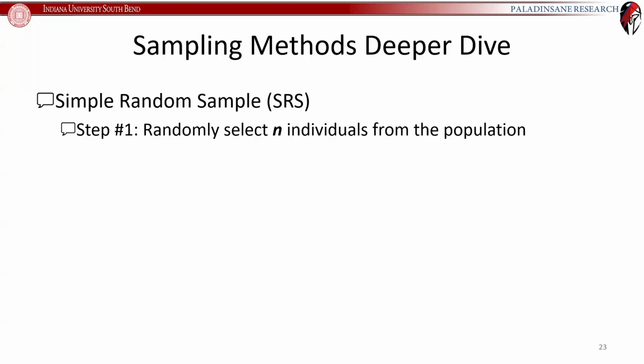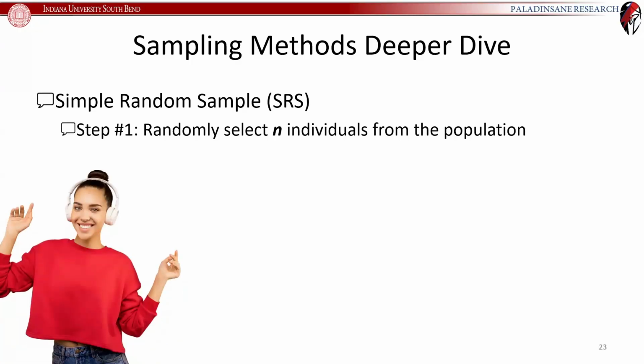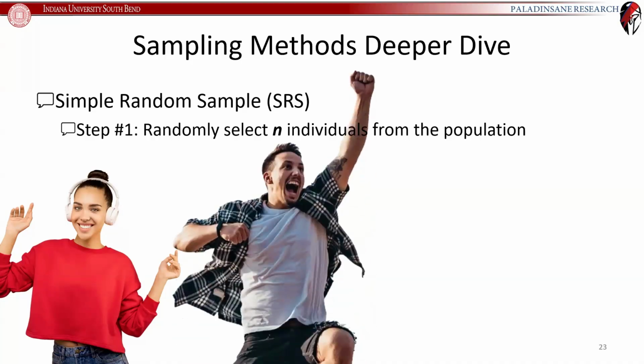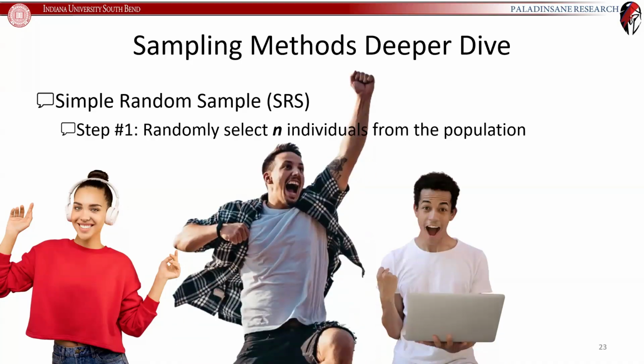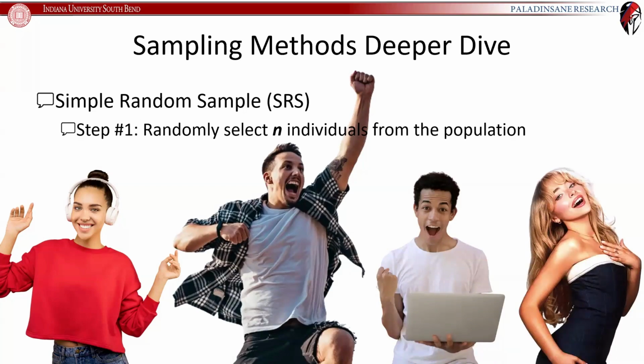And again, the simple random sample draws from the entire population of 25 to 30-year-olds. So I might randomly select this individual here, and they are now going to be invited to be in the study. I might randomly select this individual here, this individual here, and this individual here. They are all equally as likely to be selected for this study.